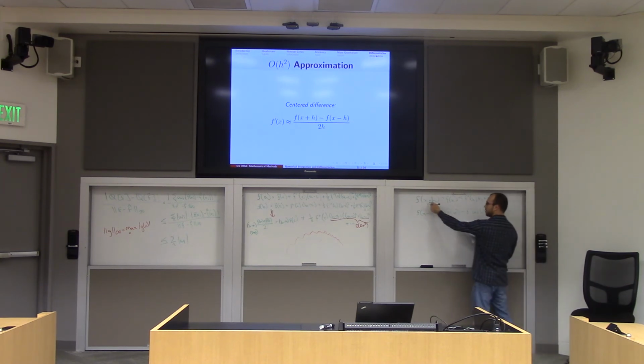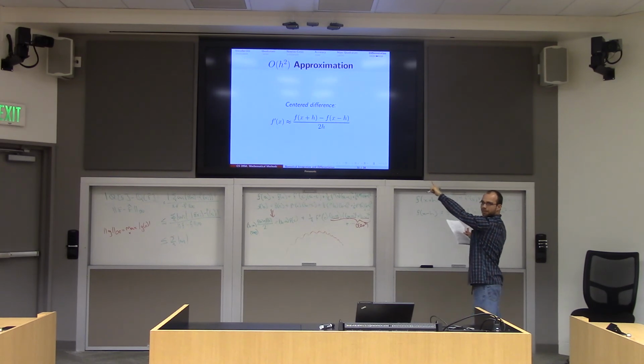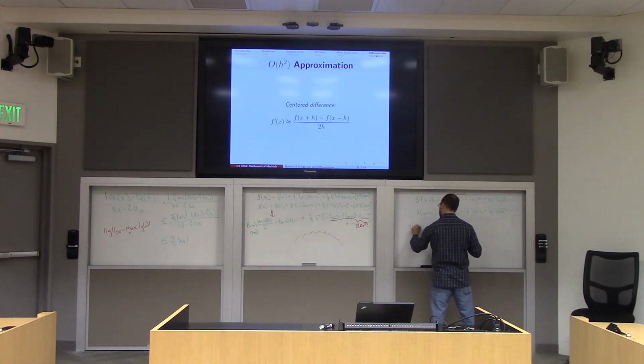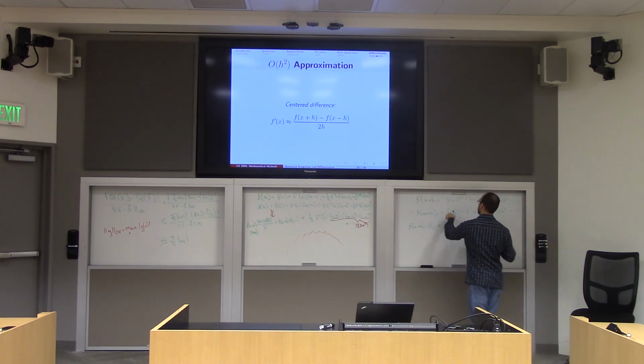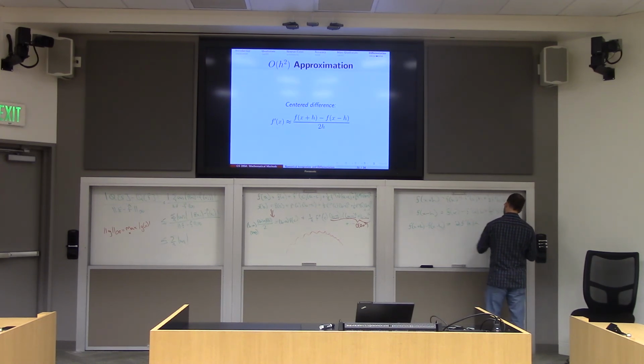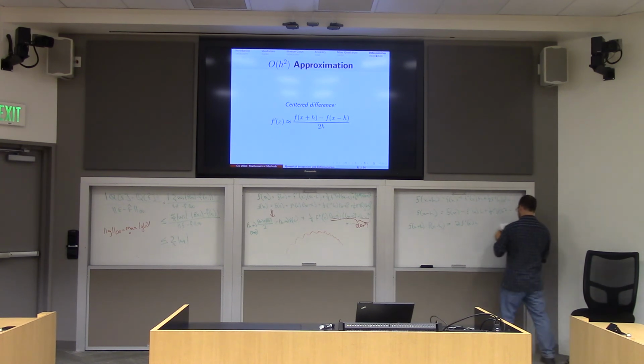So if I take this one and subtract this one, we have in the back of our heads that we're aiming for this formula. If I subtract these two, we get f of x plus h minus f of x minus h. The f's go away, and these terms add constructively, so now you get 2 f prime of x times h, plus, and then these two terms cancel because we subtract.